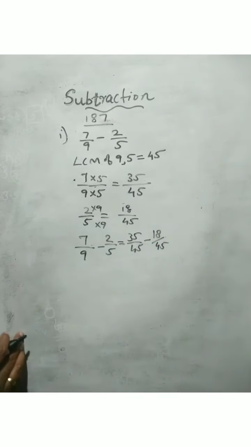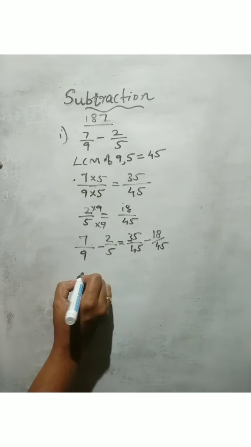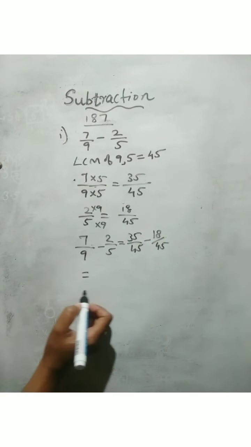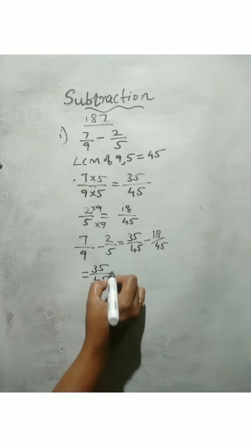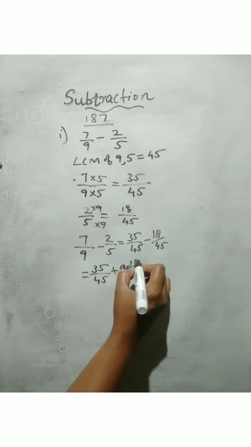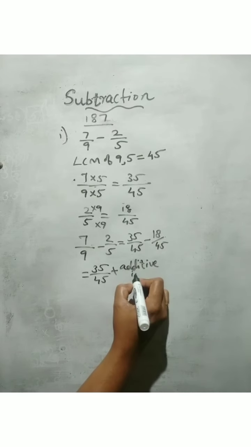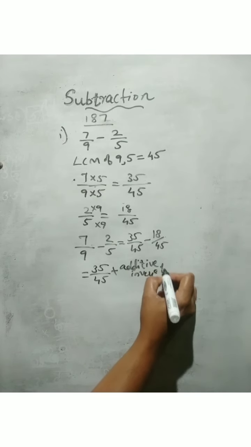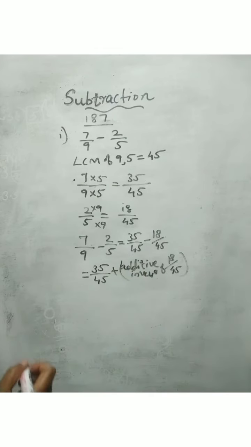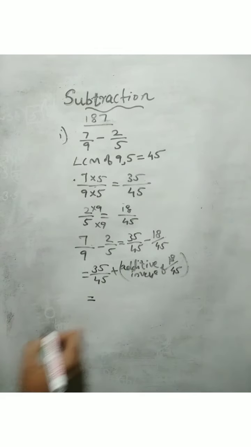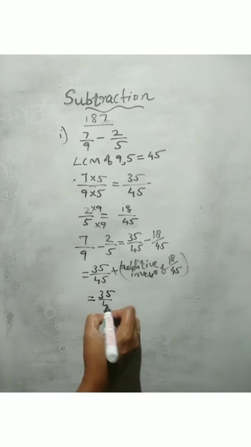How can we do this? We have to take the additive inverse of 18 on 45, then add it to 35 on 45.